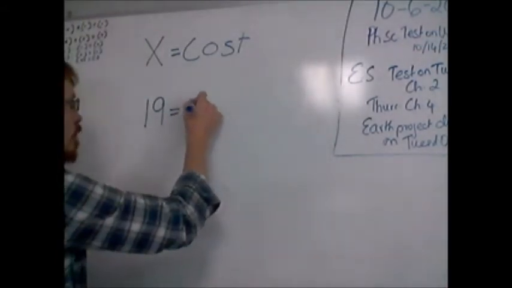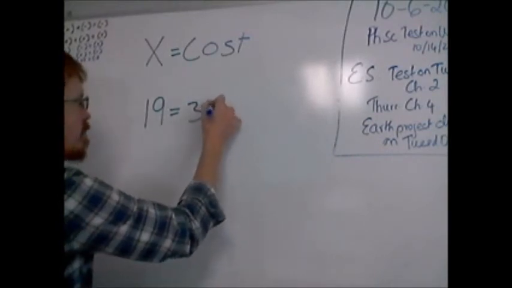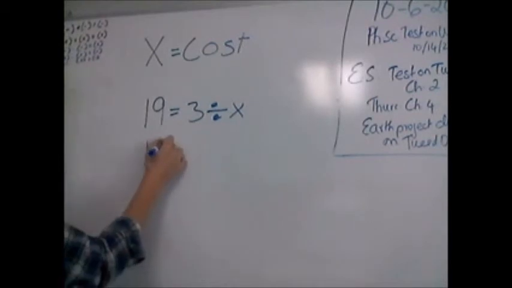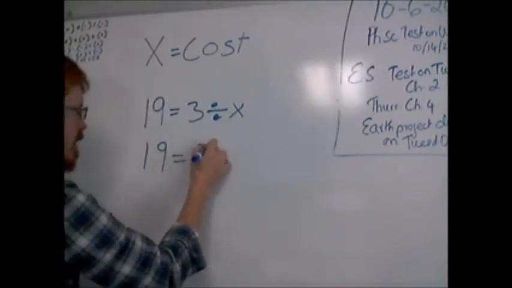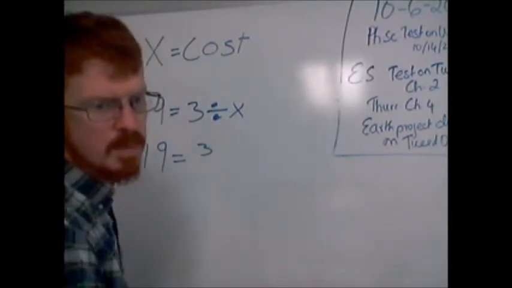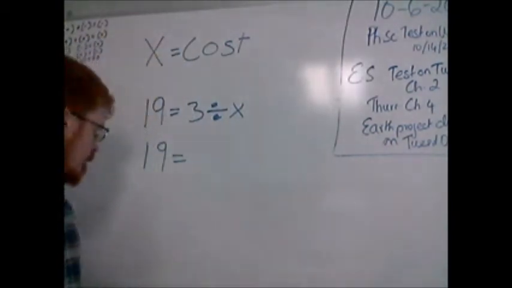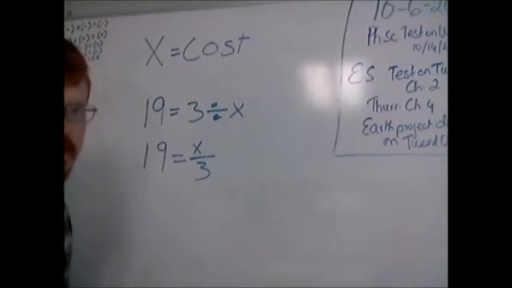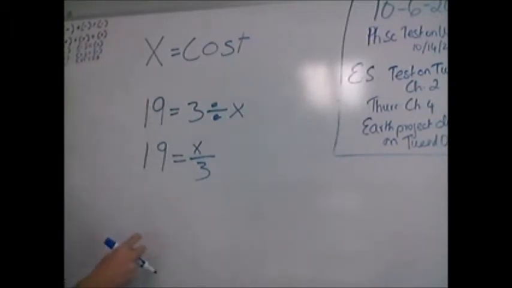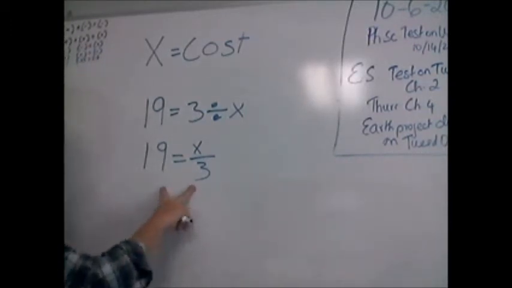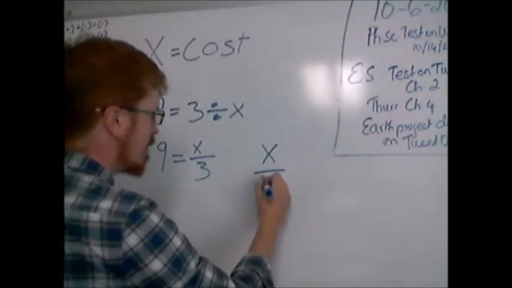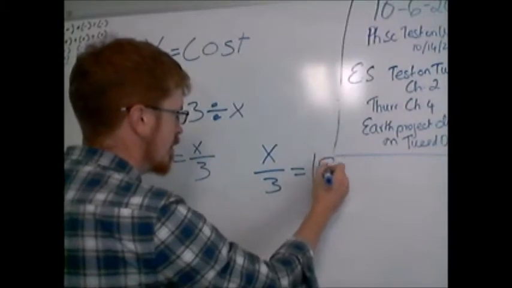We could either have 3 divided by X, or the same thing as 3, sorry, I did the opposite there. You have X, the cost, divided by 3. And then because of the commutative property, we are able to switch these. So you would have X divided by 3 equals 19.